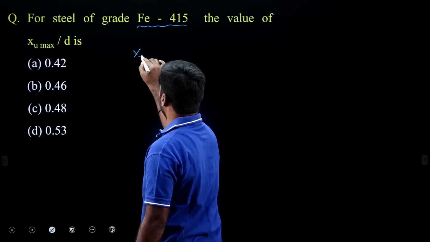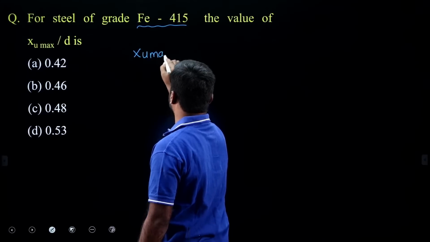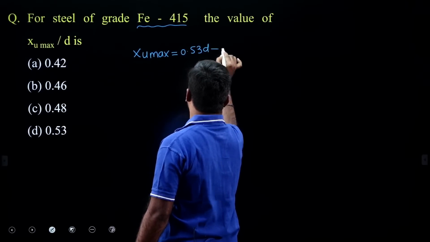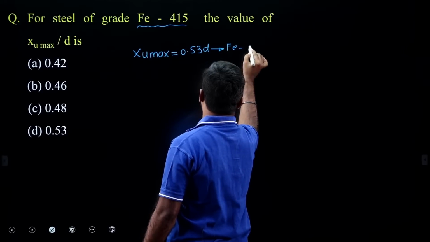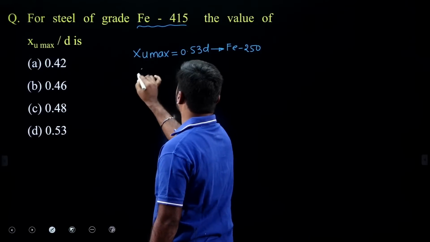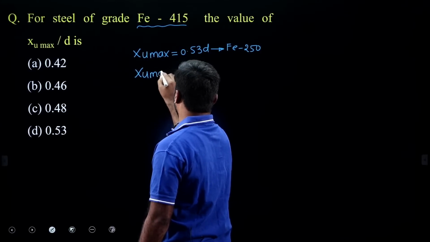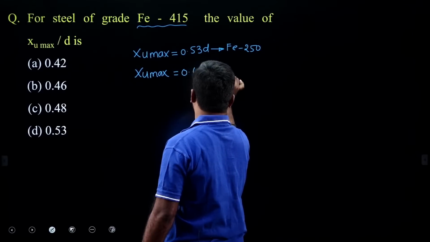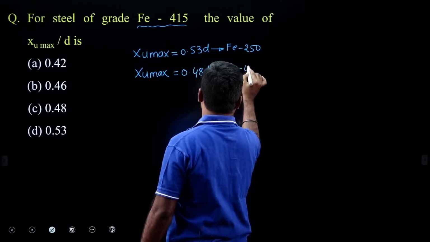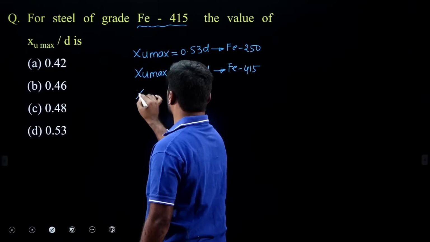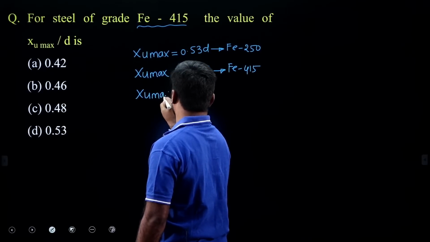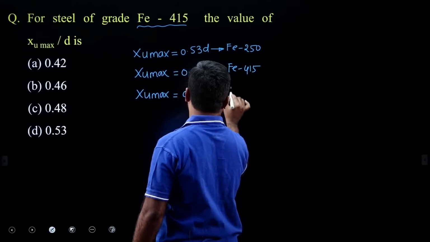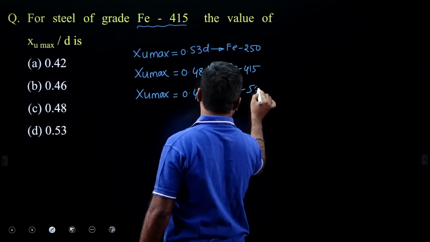My dear, the limiting depth of neutral axis XU max is 0.53 D for Fe250 grade steel, 0.48 D for Fe415 grade steel, and 0.46 D for Fe500 grade steel.